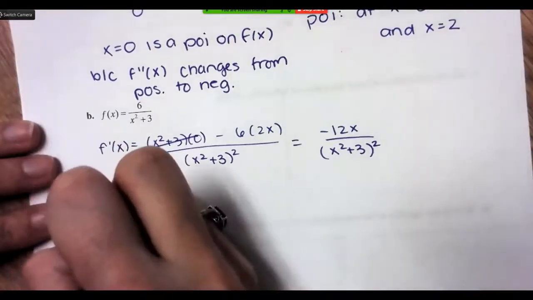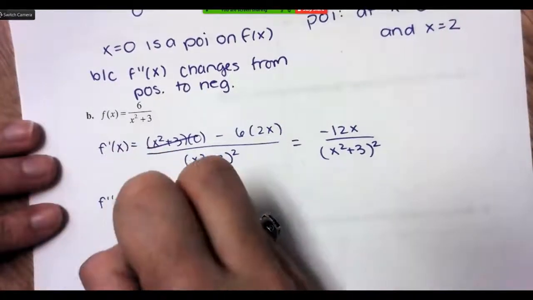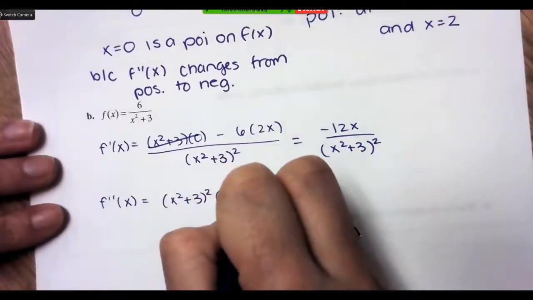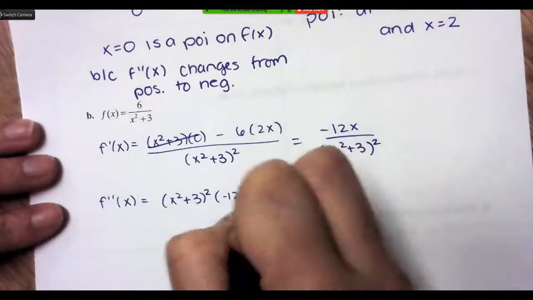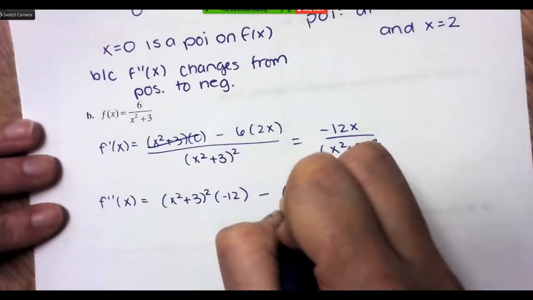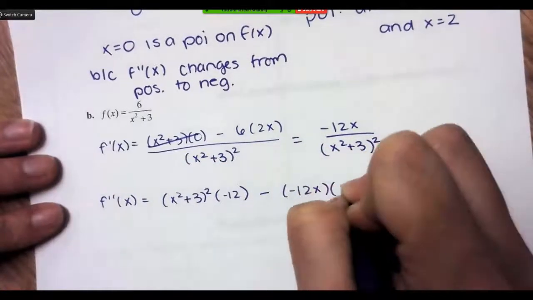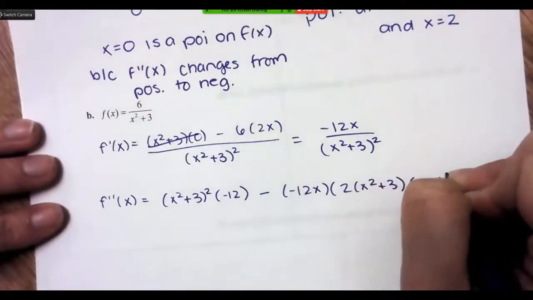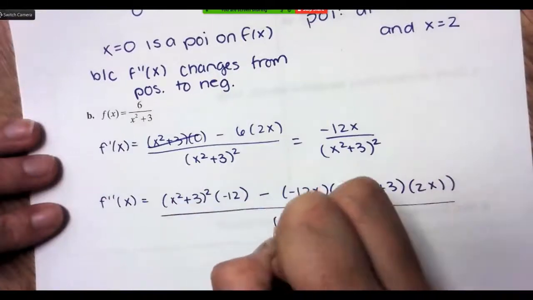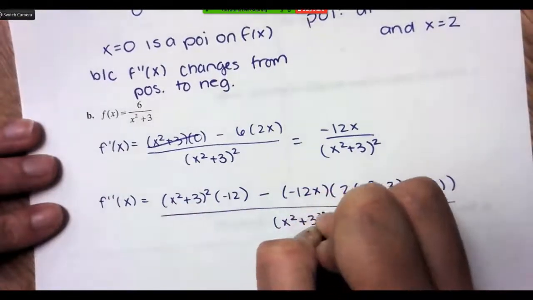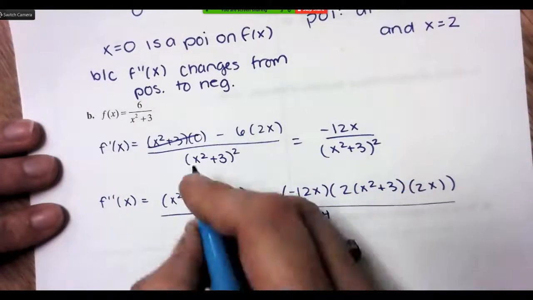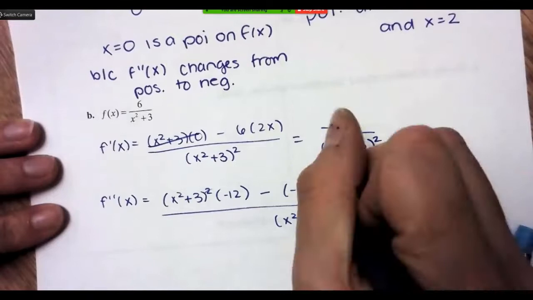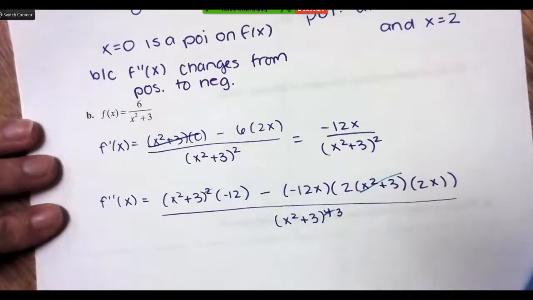And then your second derivative would be, but once again, each term has an x squared plus 3. So you can cancel each of those out.